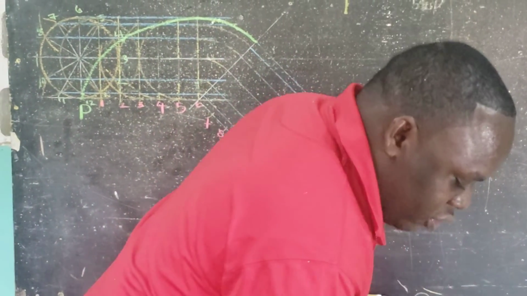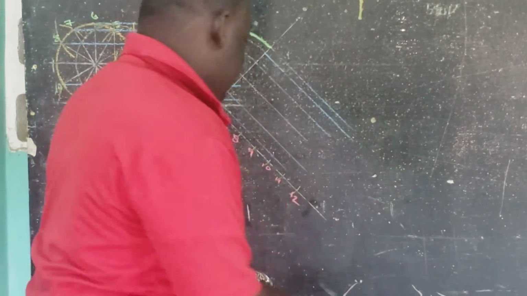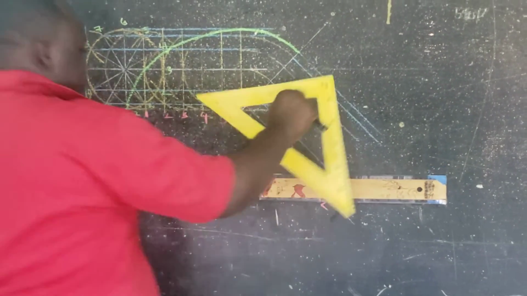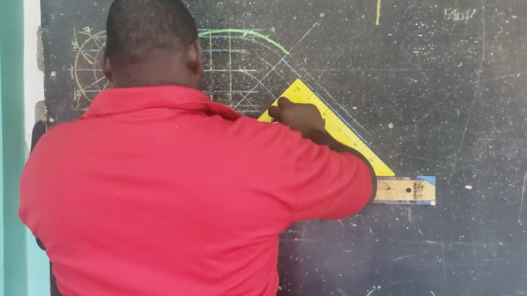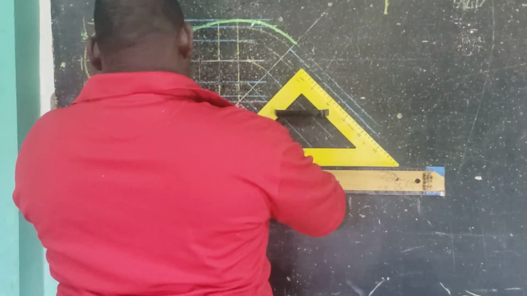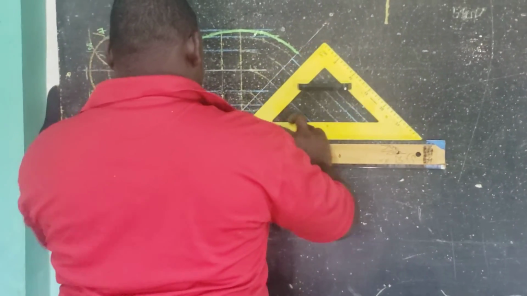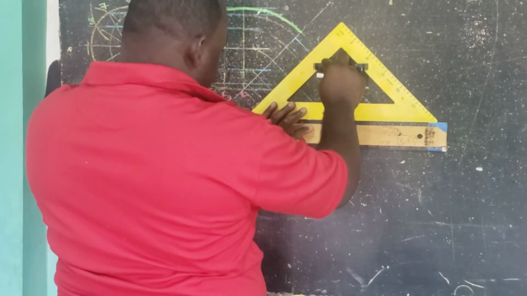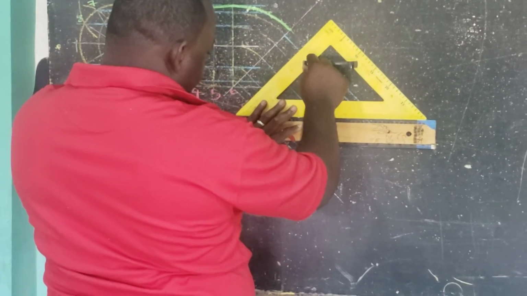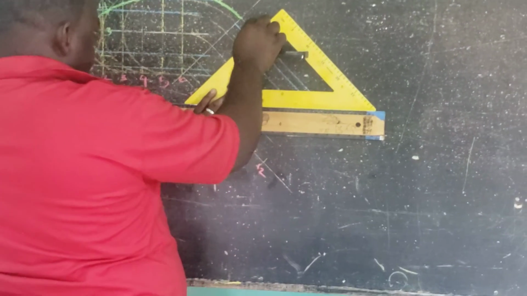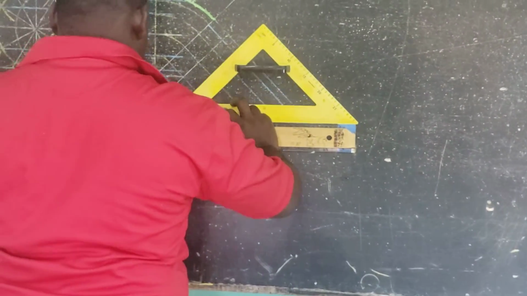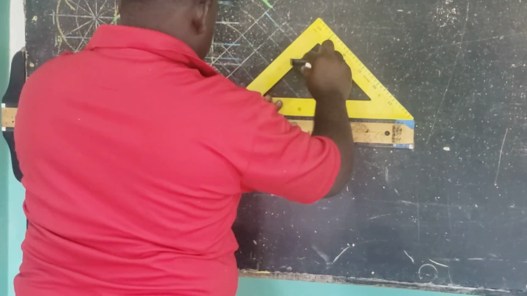Now, just as what we did earlier, we will need our vertical. So we will now continue by getting our vertical. So we need another vertical here, which will be perpendicular to the baseline. That will be 7. Same thing for 8.